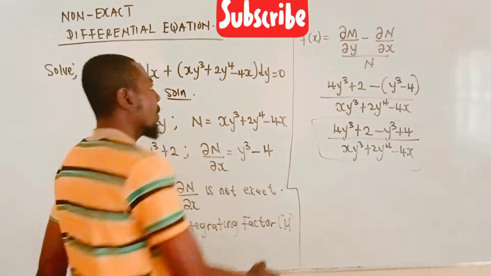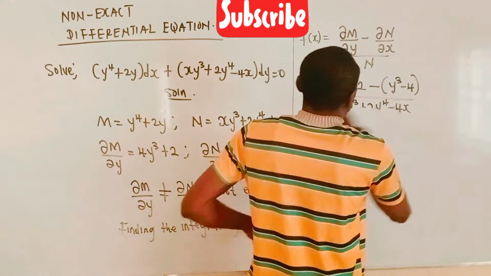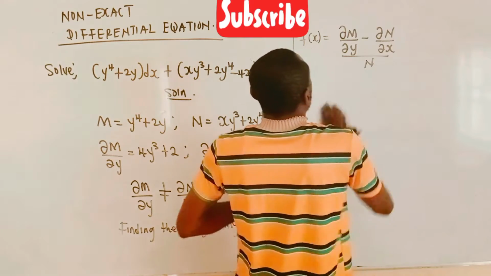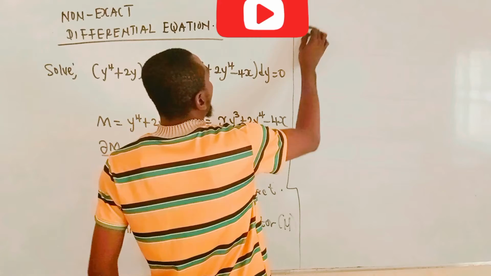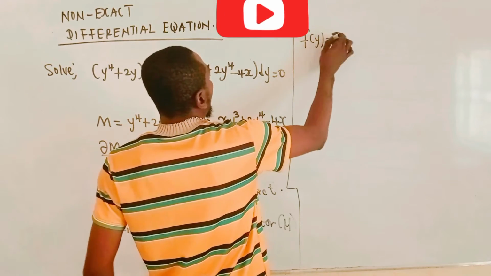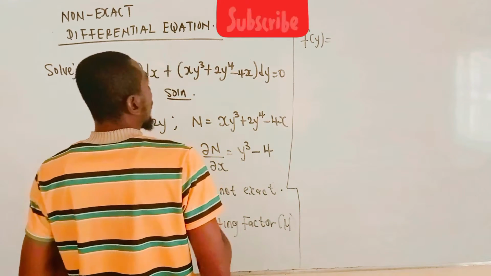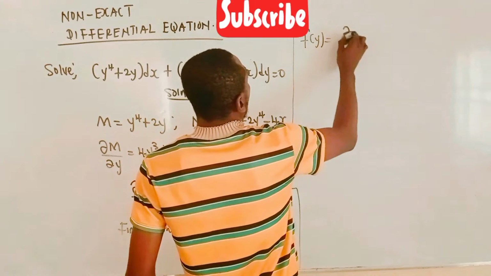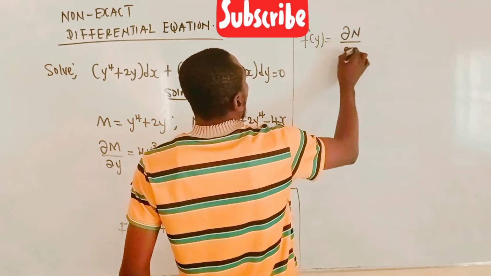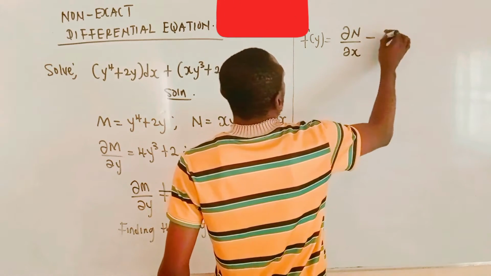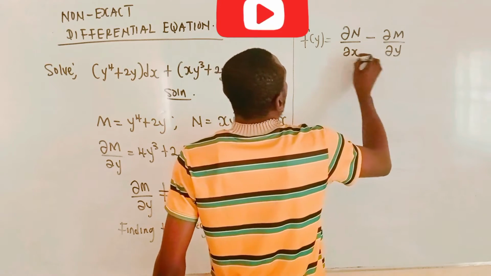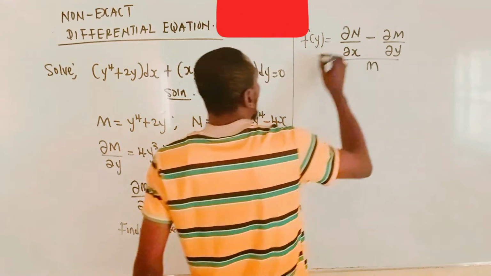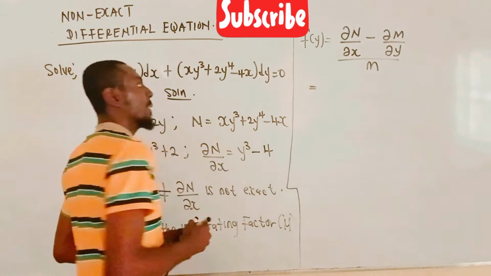Alright, so we are going to check the second alternative. f of y has to be equal to the partial derivative of N with respect to x minus the partial derivative of M with respect to y, all over M. So let's check if this one works out.